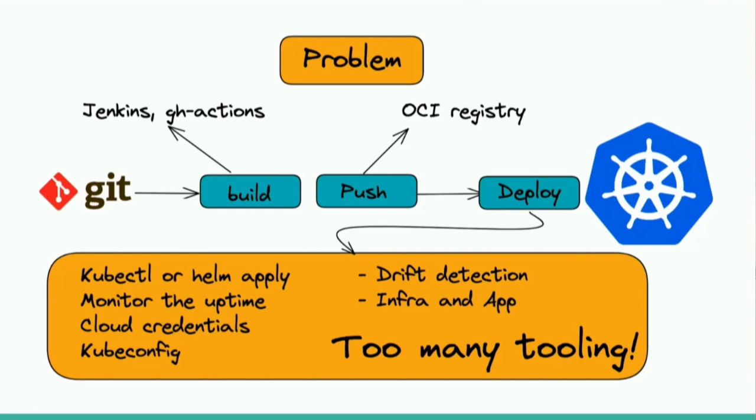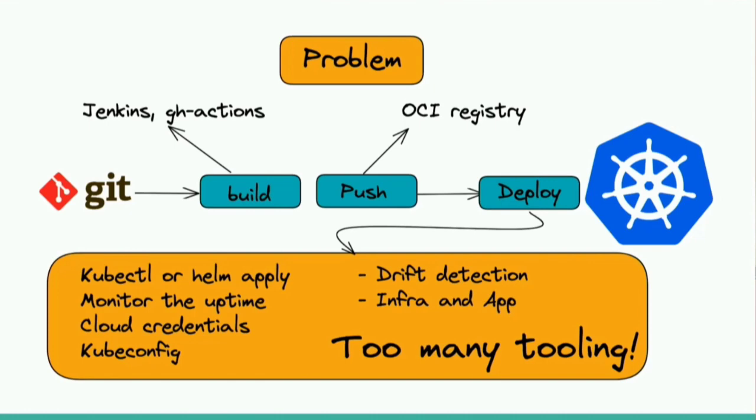There are tools like kubectl or helm apply, which I have to use. Then I need to manually monitor the uptime of the application. Then I need to secure the cloud credentials, and the same with the kubeconfig.